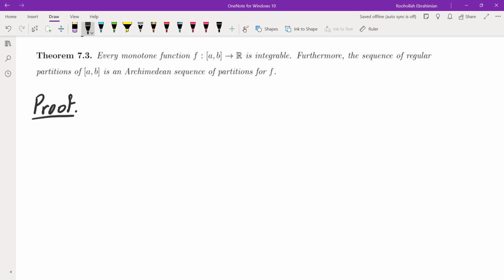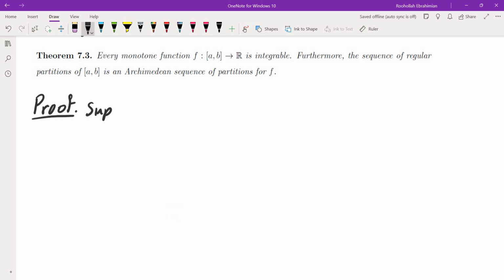Okay, so in order to show it is integrable, we need to find an Archimedean sequence of partitions for the function. So let's assume that f is increasing. The proof for decreasing would be nearly identical.